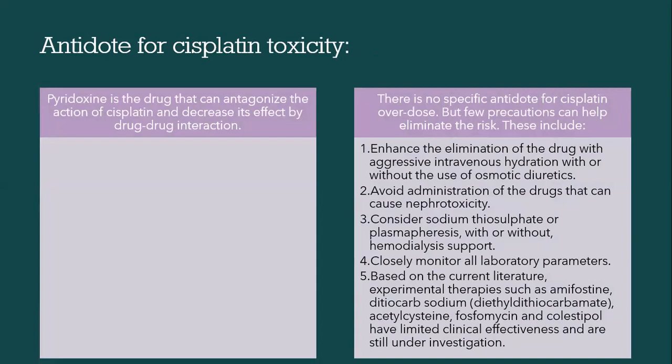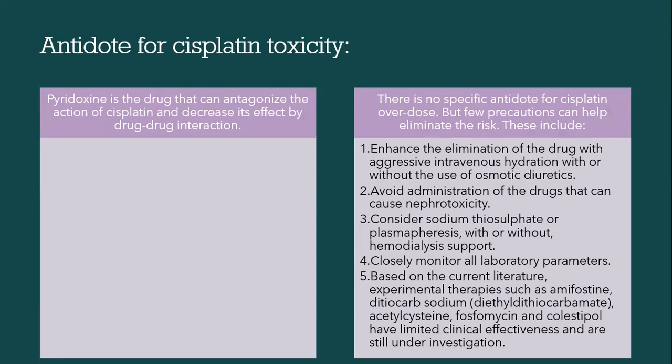Another possibility is that the pharmacist or doctor has not calculated the dose properly, which leads to drug overdose and toxicity. Paradoxin is one of the drugs that can antagonize the action of cisplatin and decrease its effect by drug-drug interaction, but it is not commonly used to treat cisplatin toxicity.